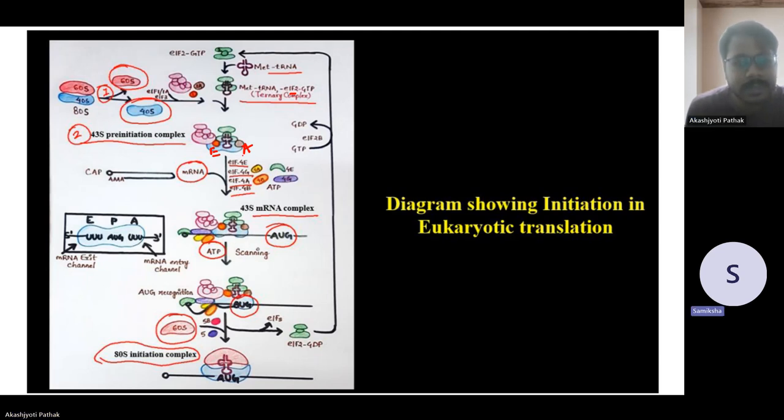You see here in the last step, this GTP bound to EIF2 is getting hydrolyzed to GDP, and again this GDP is forming GTP by attachment of another Pi group.